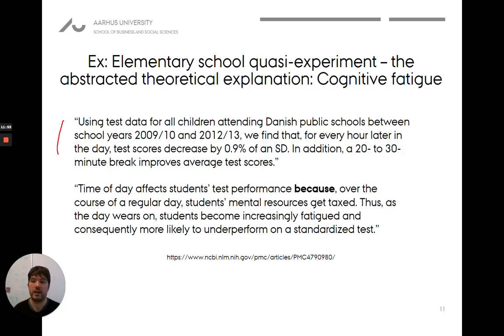But the paper then also has a theoretical explanation by saying that the time of day affects students' test performance because, and this is a quote from the paper, over the course of a regular day, students' mental resources get taxed and they become increasingly fatigued. They also call it cognitive fatigue, becoming tired. And this is then why they underperform on a standardized test when they become more tired. So later in the day, more tired, therefore worse performance.